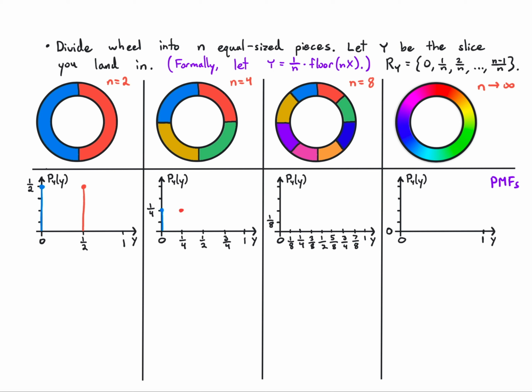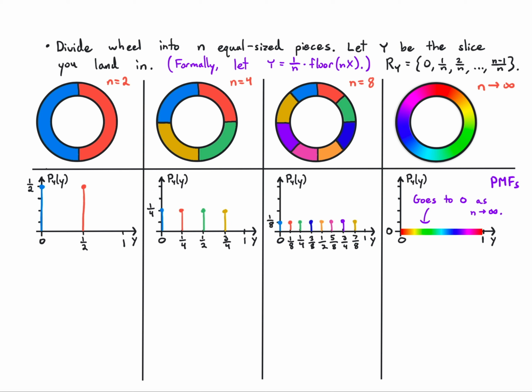Blue is a fourth, red is a fourth, yellow and green are a fourth. I have an eighth for every piece in the n equals 8 wheel, which makes sense. And if I keep going to infinity, it makes sense that I'm going to have every value going to 0. So this is another way of seeing why it has to go to 0, that the probability is getting smaller and smaller as I make these little slices small.